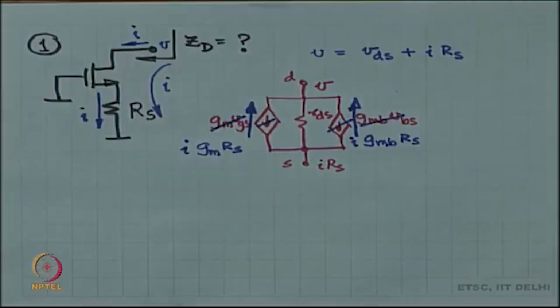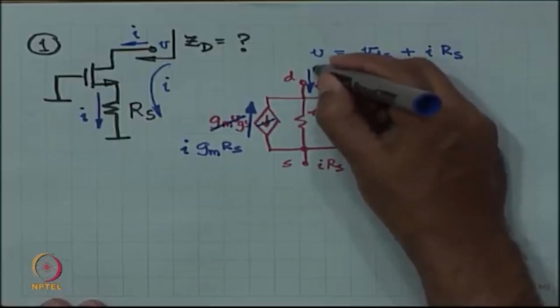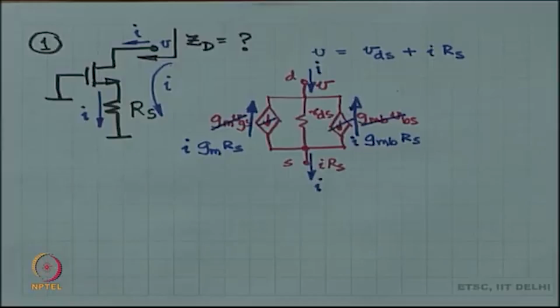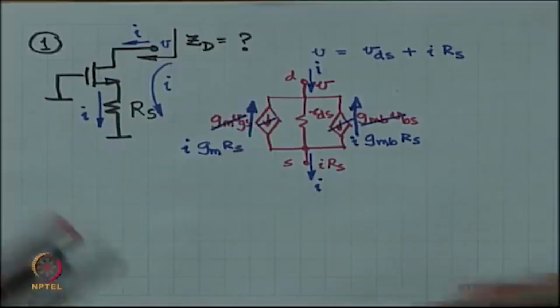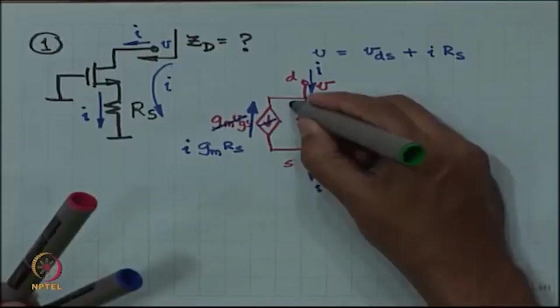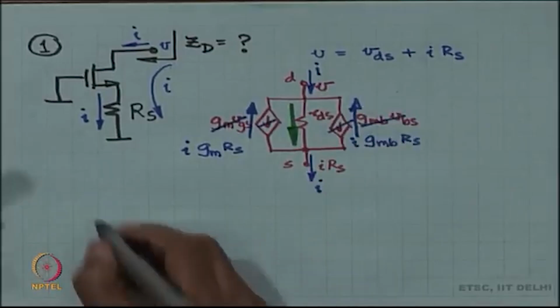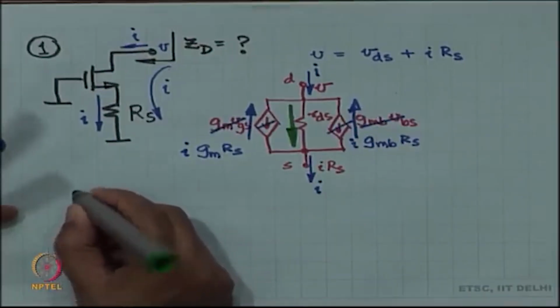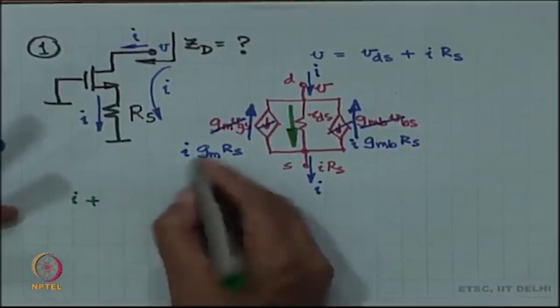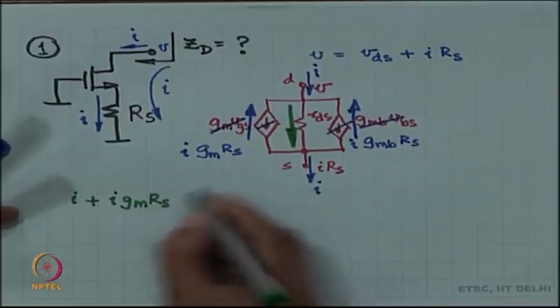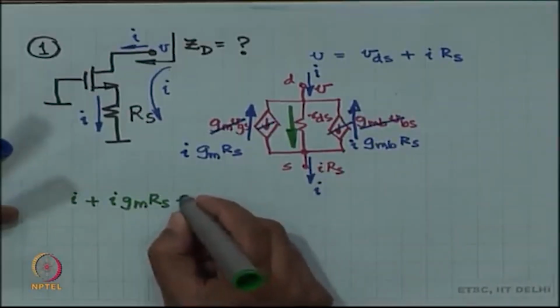I was the total current through the MOSFET. Okay. So, what is the current through the resistor then? What is this current? This current is nothing but I plus I times GMRS plus I times GMBRS.